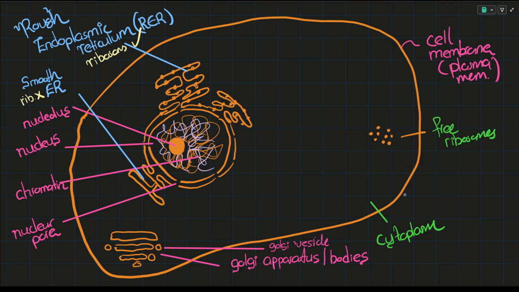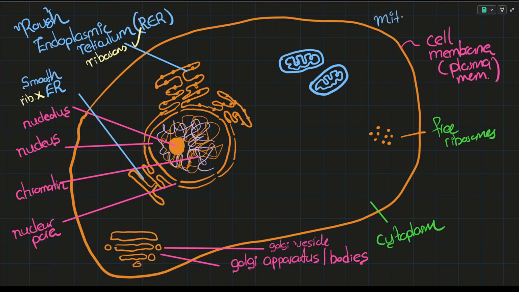Typically free ribosomes. And I'm going to draw something very interesting, and it looks like this. Now you might not think it's that important at this level, but it is more than important. So that looks like what? If that looks like a mitochondrion to you, congratulations, you have figured it out.